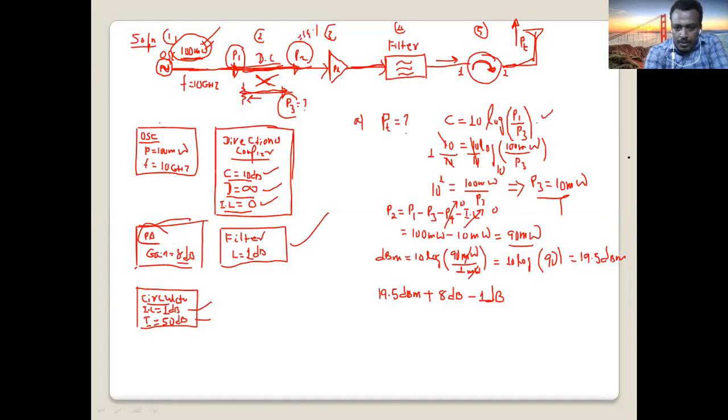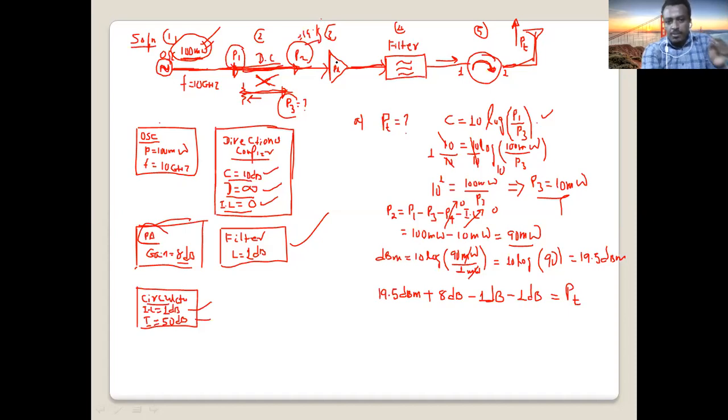So minus 1 dB from the circulator. What is insertion loss? When a signal is guided in the correct direction, some amount of power we lose. So this will give us PT, the power. Look here, we start from the oscillator, 100 milliwatt, divided into 2, 90 milliwatt from the coupler. 90 we convert into dBm, 19.5.